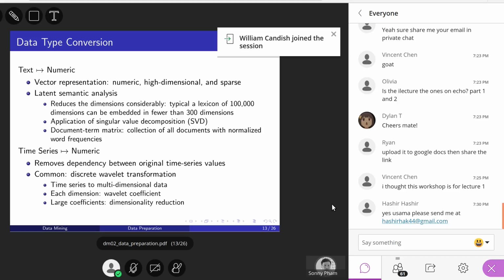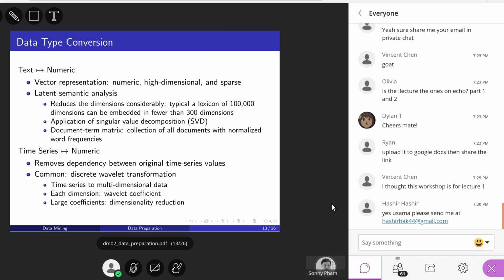reason why we have to use LSA or latent semantic analysis to reduce the size of the representation. So we typically end up with 300, a few hundred dimensions. How can we do that? It is done through something called singular value decomposition.